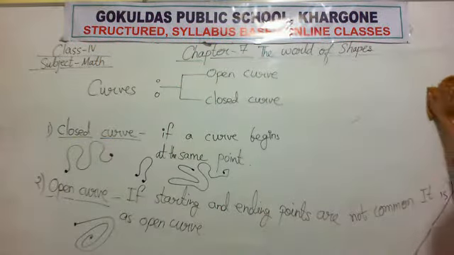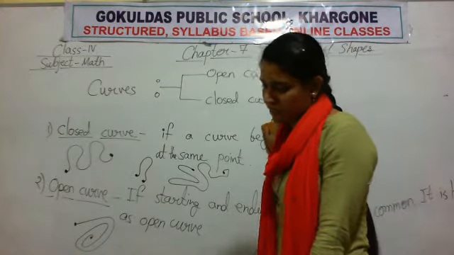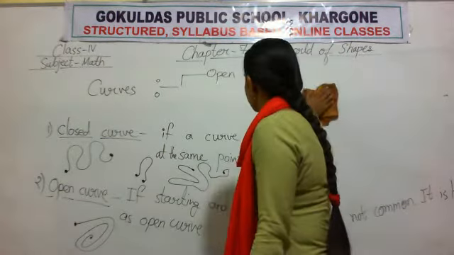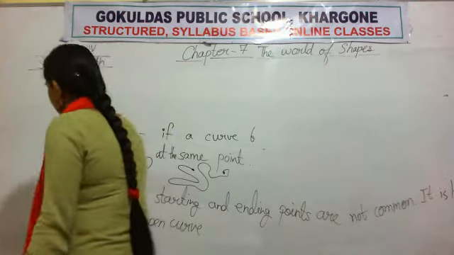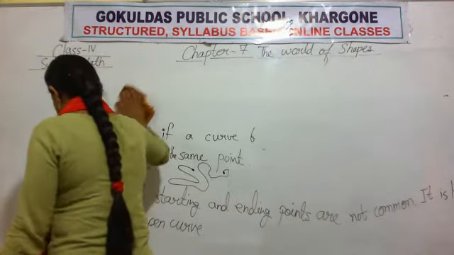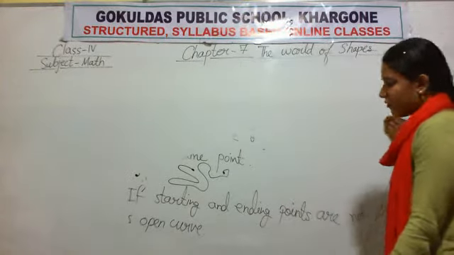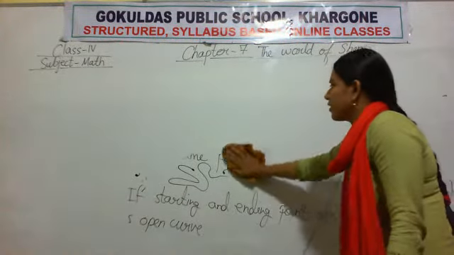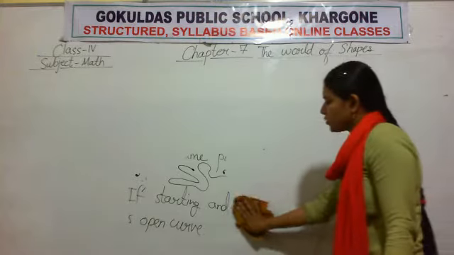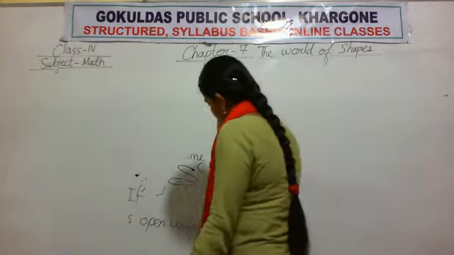Now open book page number 105, exercise 7.2. Be ready with your pencil. And remember, you will make all the figures by using pencil only. Do not use pen to draw figures.